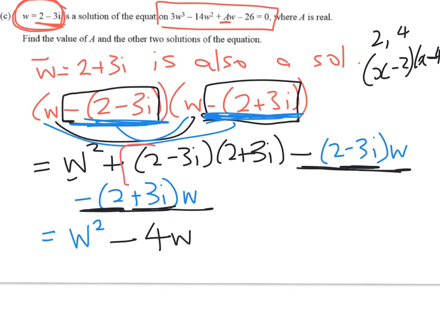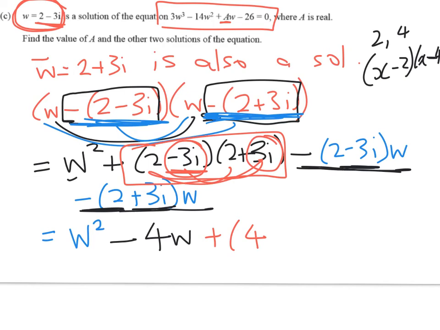And this last bit here becomes plus 2 squared. So 2 squared is not 2. 2 squared is 4. This and this and this and this go, right, because they're conjugates. Minus 3i times plus 3i gives me minus 9i squared, which is plus 9.